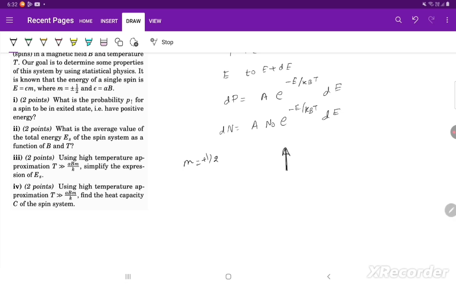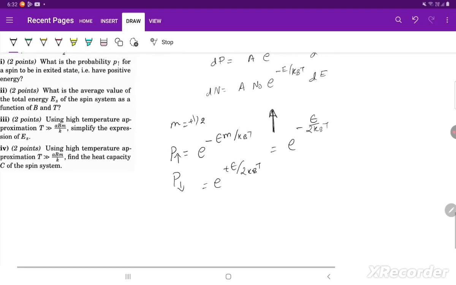What is the probability that it has a positive spin? It will be e to the power minus epsilon m by kBT. Putting the value of m, it will be e to the power minus epsilon by 2kBT, and the probability it has downward spin is equal to e to the power plus epsilon by 2kBT.